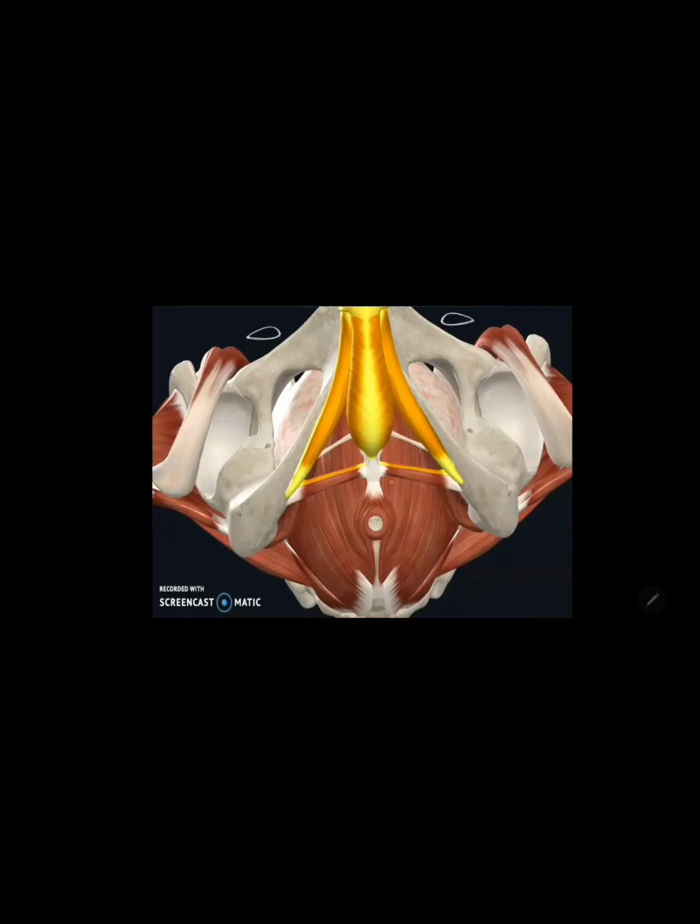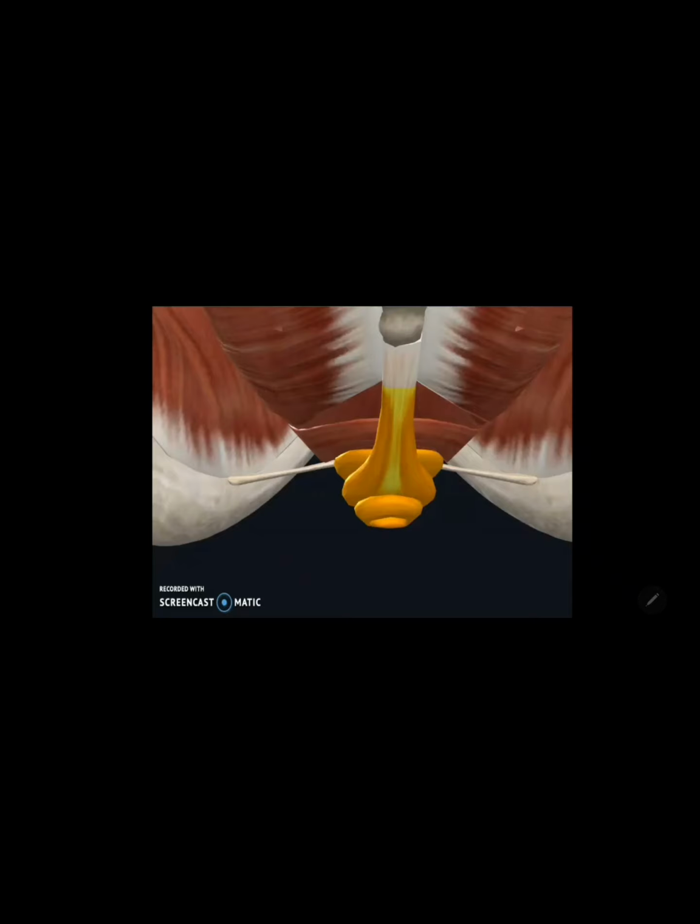And you can see here, this is the external anal sphincter muscle, the superficial part. You are seeing the posterior part of the perineum, that is the anal triangle. You can see these three muscles, they form the external anal sphincter.